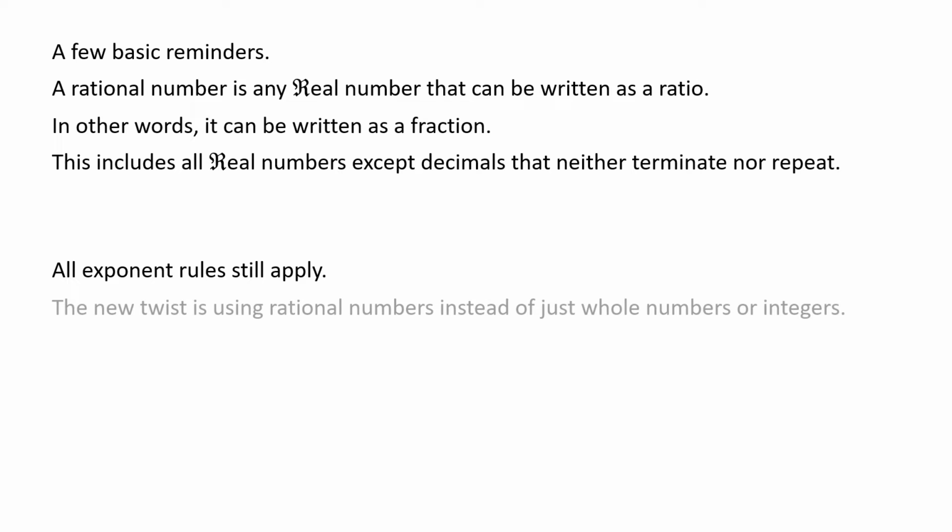And so all of our rules with exponents still apply. Maybe you remember these from pre-algebra and algebra. Maybe you don't. But when you first learn these in pre-algebra or algebra, you probably just use whole numbers or maybe even integers. But of course, we're going to be using rational numbers. So we'll have some fractions involved.